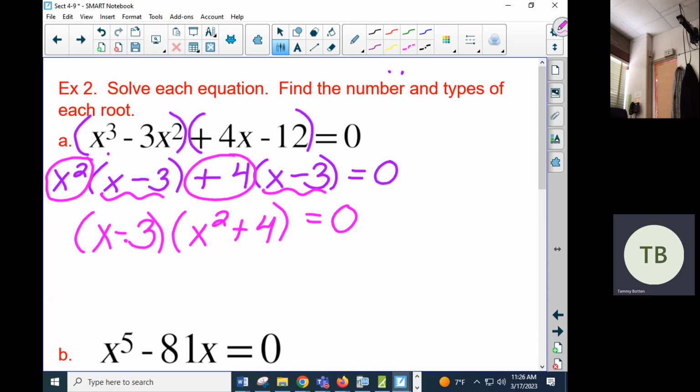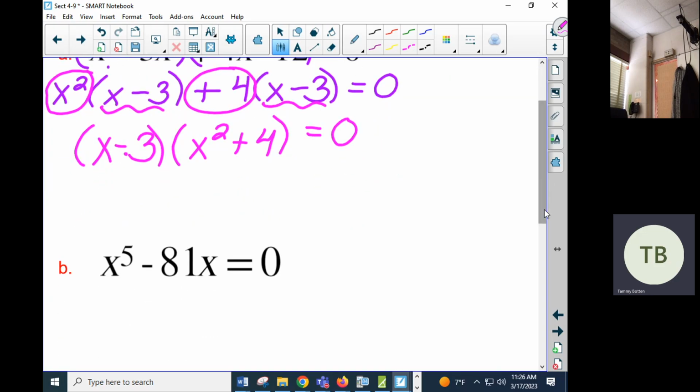Okay. Now we're to the point where we are going to solve them. And here's the deal. This one is just going to be x equals the opposite of -3, which is 3. So that's done. I figured out my answer there. This one is a little bit different. When you have 2 terms, you think, is it difference of squares?